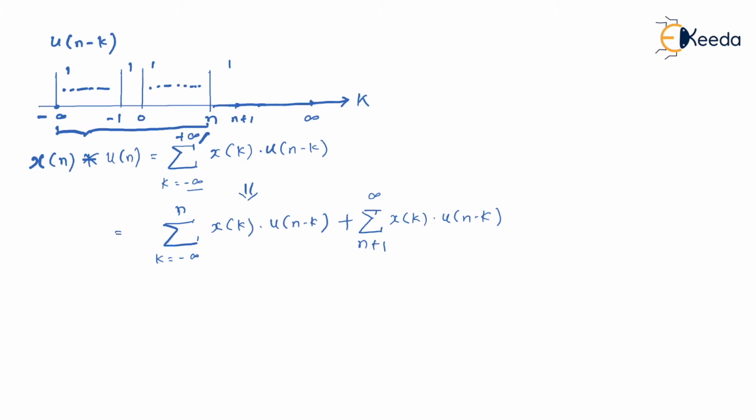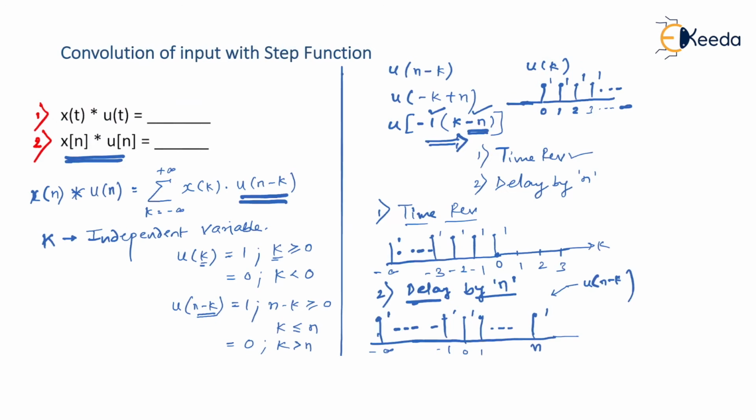So we know that from n plus 1 to infinity, the value of u of n minus k is always 0. Graphically it is also clear, and mathematically I have shown you in the previous slide. You can see over here u of n minus k is always 0 when k is greater than n. Is that right? And u of n minus k is always 1 for k less than or equal to n.